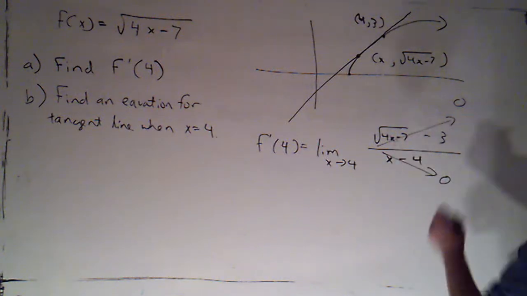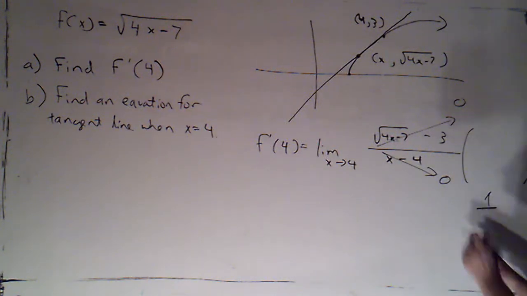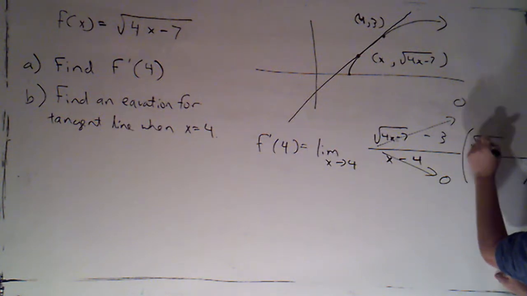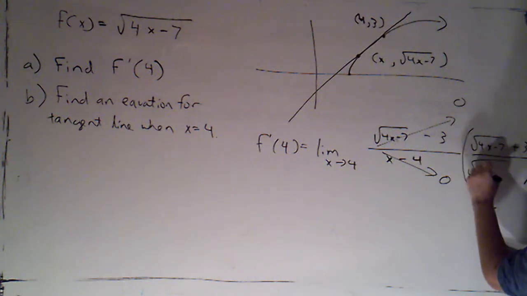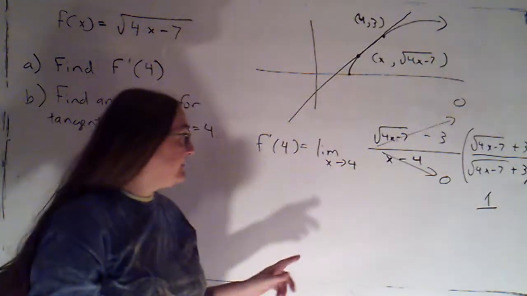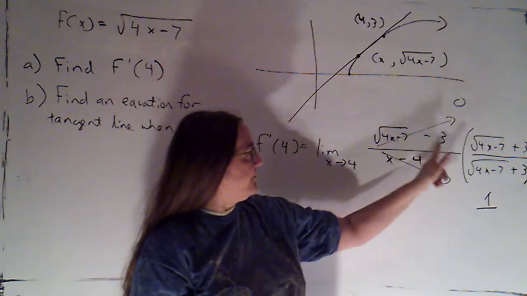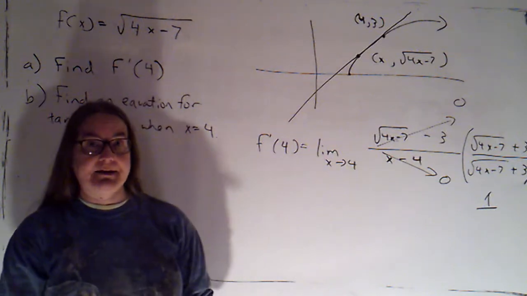Okay. This time, we've got our indeterminate form of type 0 over 0, but we've got roots involved. So I'm going to try to just rationalize this by multiplying by 1 in the form of the conjugate, root 4x minus 7 plus 3 over itself. So remember, the conjugate is just going to be the same two terms, a root 4x minus 7 and a 3, but connected with the opposite sign.